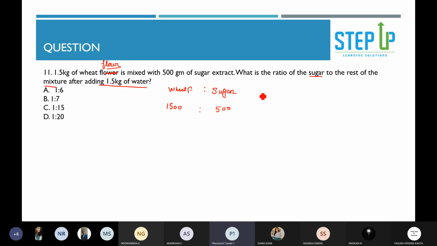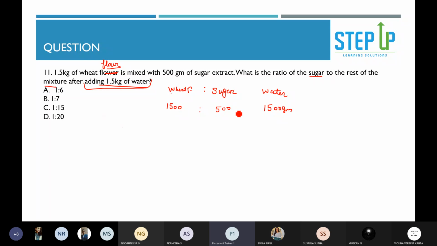It means that they have added water also, right? Earlier it was only wheat flour and sugar, but now after adding 1.5 kilogram of water. How much water have they added? 1.5, that is 1500.